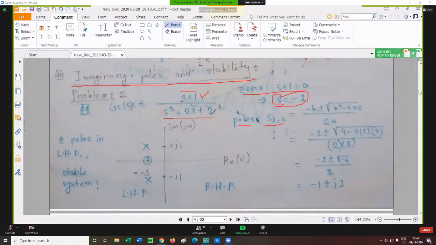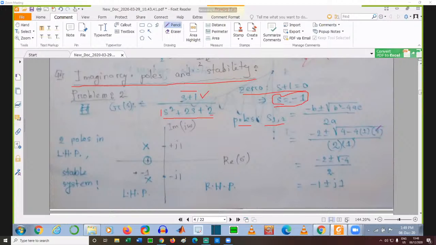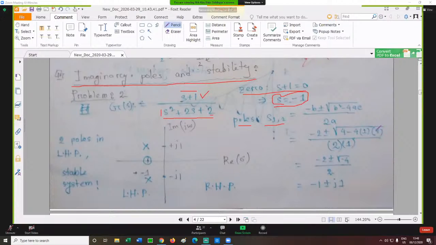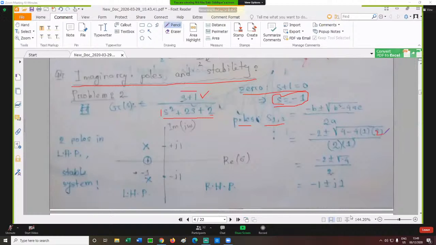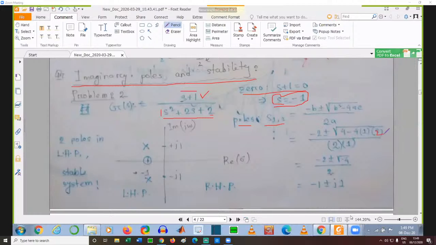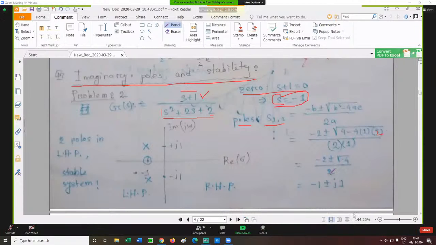So if you solve that, you get minus 2 plus minus root over minus 4 in the numerator, and in the denominator you get 2. Cancelling, you can take 2 common here, and then you get minus 1 plus minus j1.